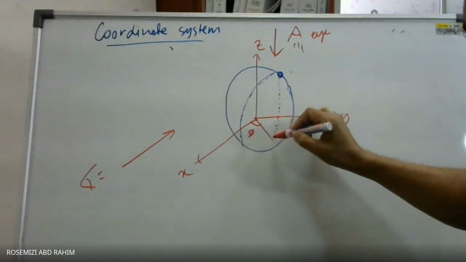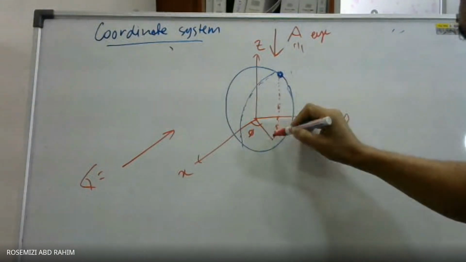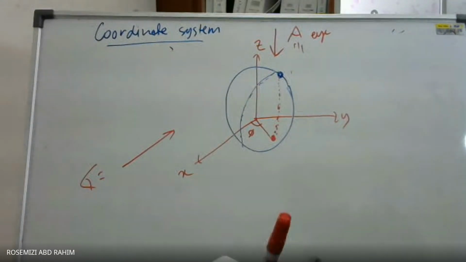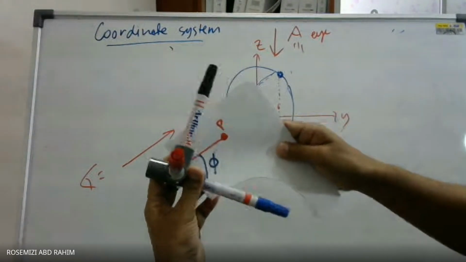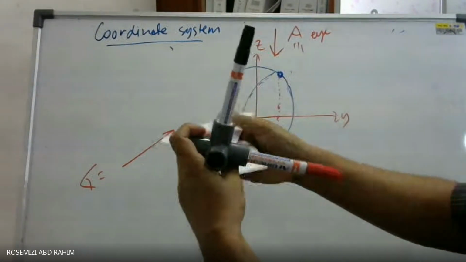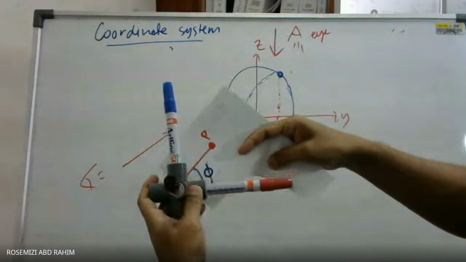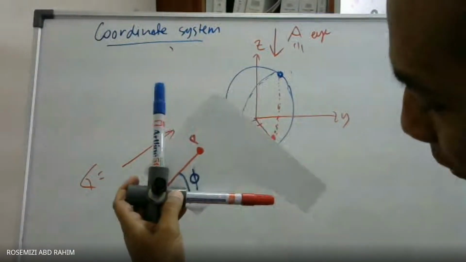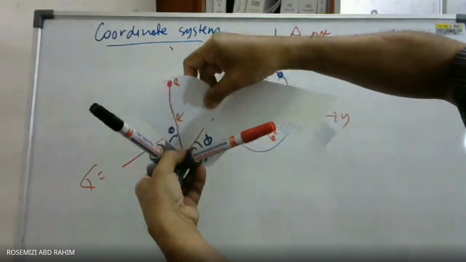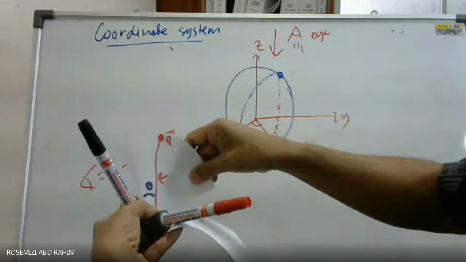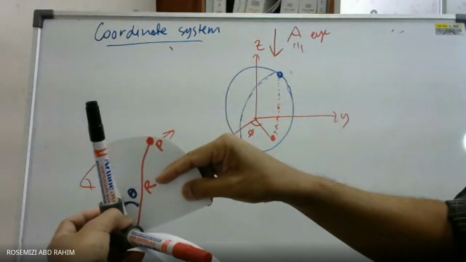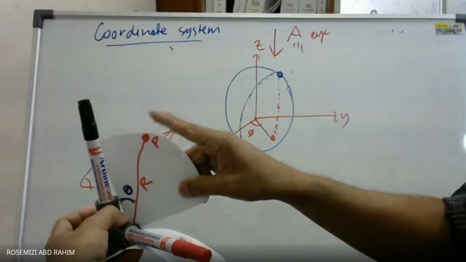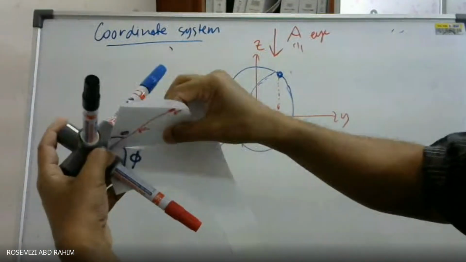This is point P. When we look from here, this is the angle between R and point P, and we plot it.